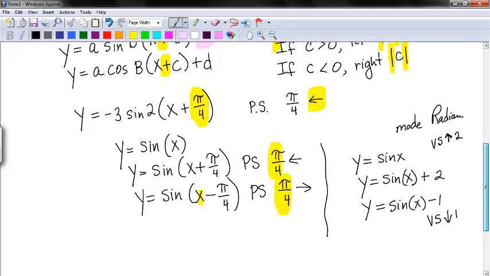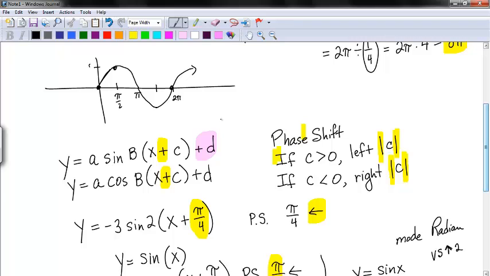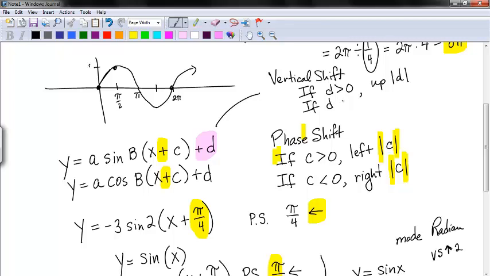Okay, on the notes, let's go back up here. On the vertical shift, if D is greater than 0, it's going to go up absolute value of D. If D is less than 0, it's going to go down absolute value of D. So will D ever be negative?